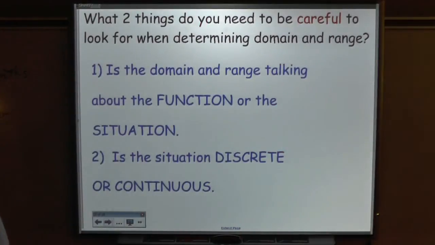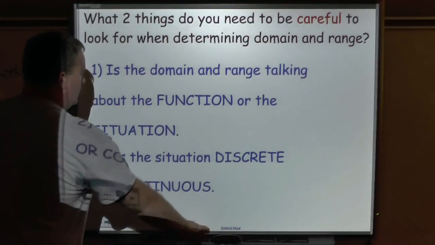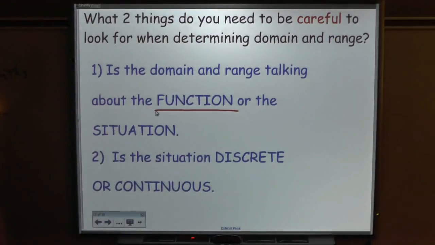So, what 2 things do you need to be careful to look for when determining the domain and the range? First, is the domain and the range talking about a function, or is it talking about the situation? If it's talking about the function, it's automatically all real numbers.